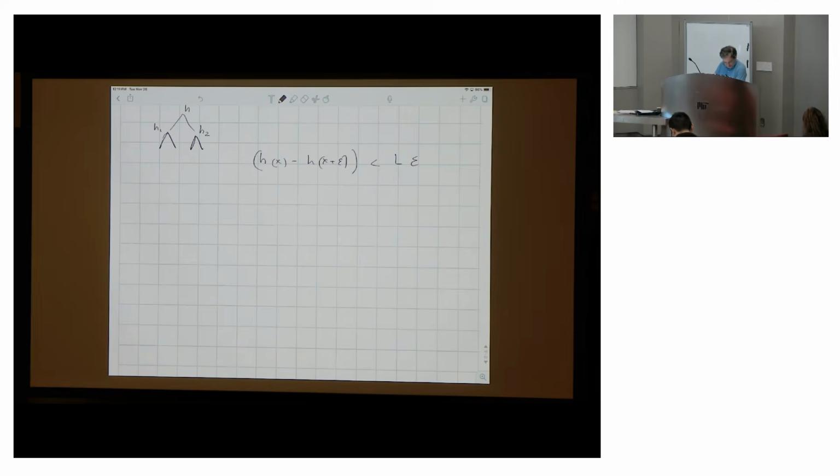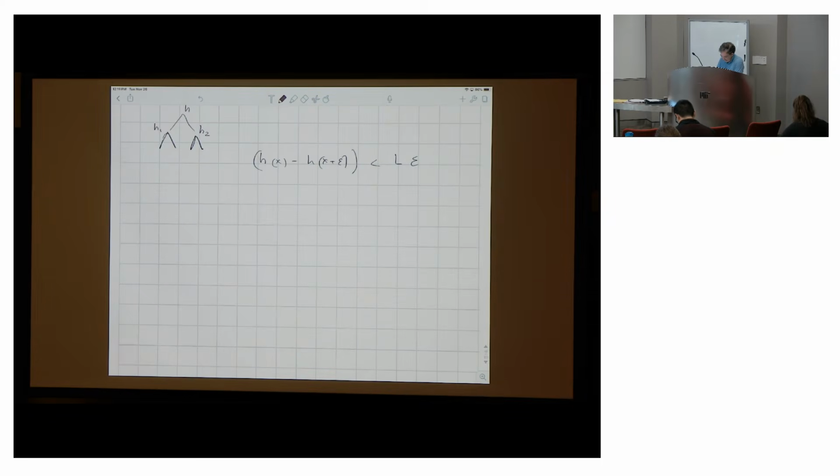So then I know that H2, and the same for H1, can be approximated by my network, let's call it P2, with precision epsilon, and I want to check how much is H of H1, H2 minus P, P1, P2.